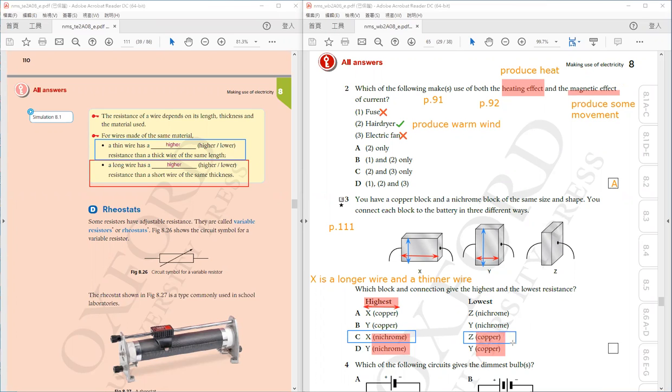In Z, copper, the thickness of the wire, in this dimension, is very very large, it is thick, and also has a short distance to travel. Therefore, in this question, we will choose question 3C.